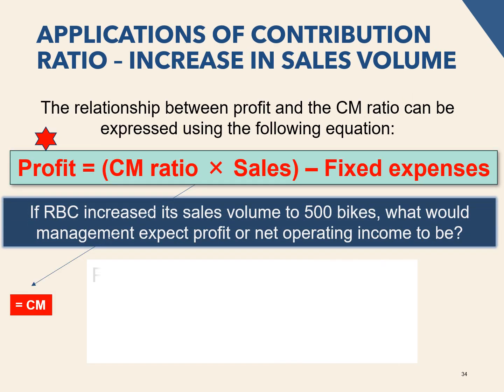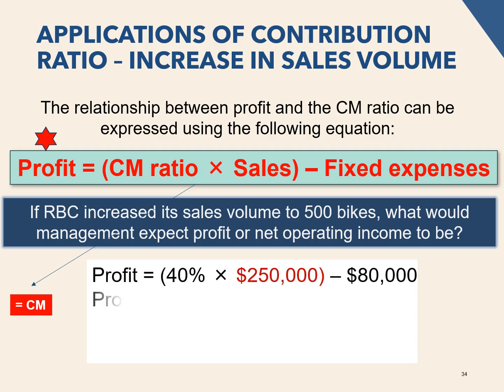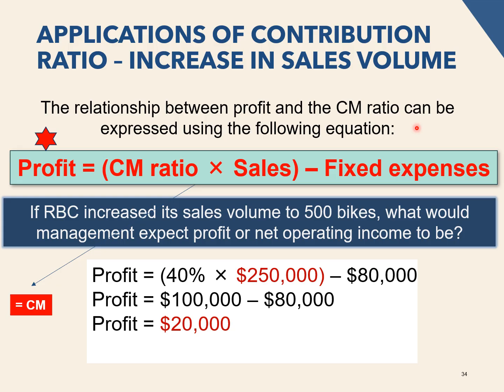The relationship between profit and the contribution margin ratio can be expressed using the following equation. Profit, or net operating income, is equal to contribution margin ratio times sales, which is equal to contribution margin minus fixed expenses.